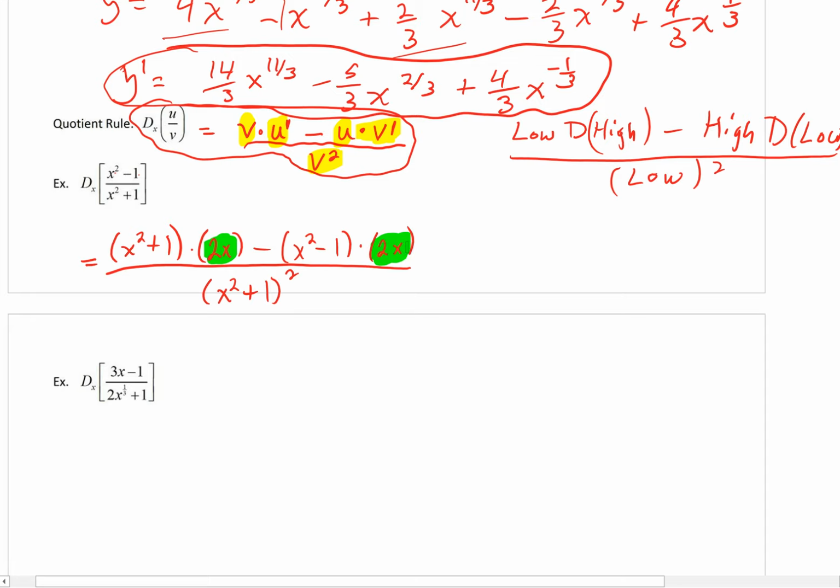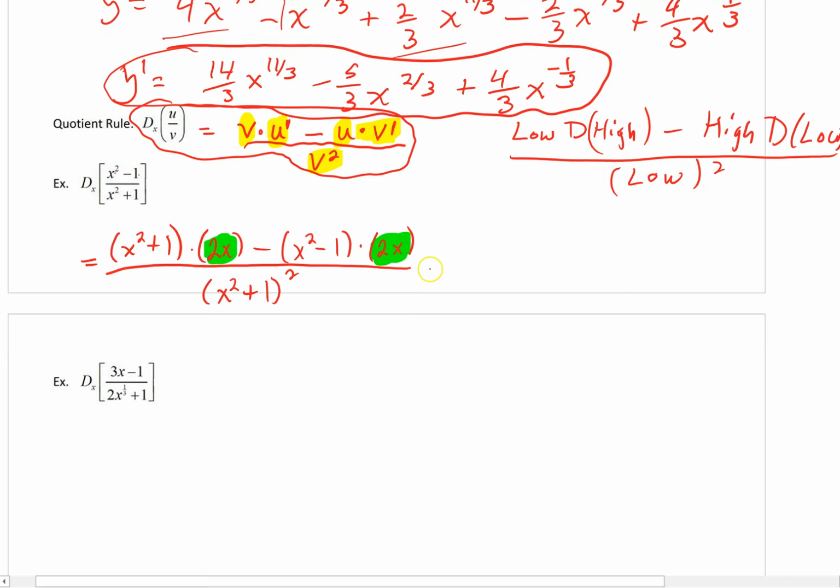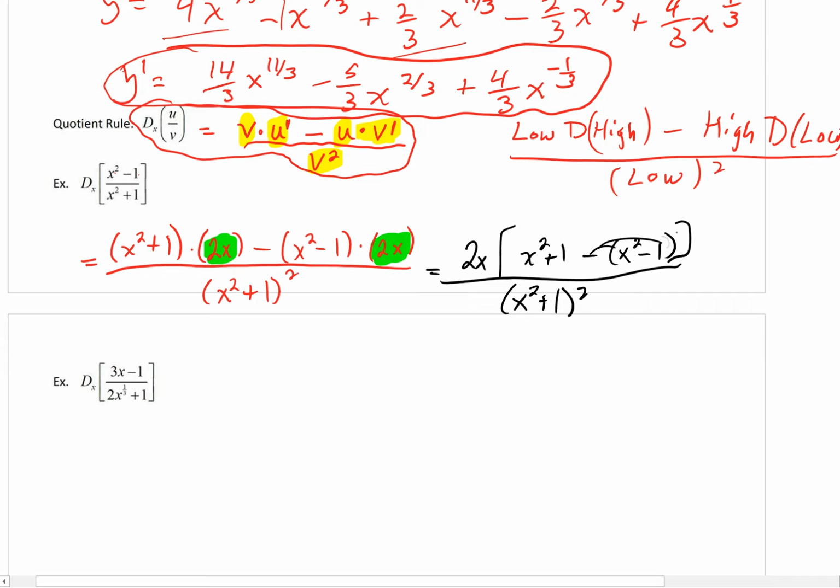That top has something in common in the numerator. Both parts of the numerator have a 2x in there. I'm going to factor that 2x out. Now again, whether you do that or not, you're going to get the same answer. But so very often, this is going to really help you out.